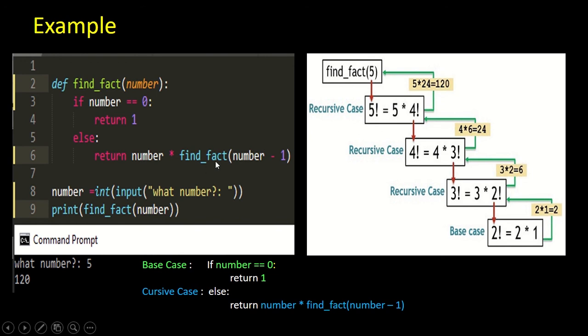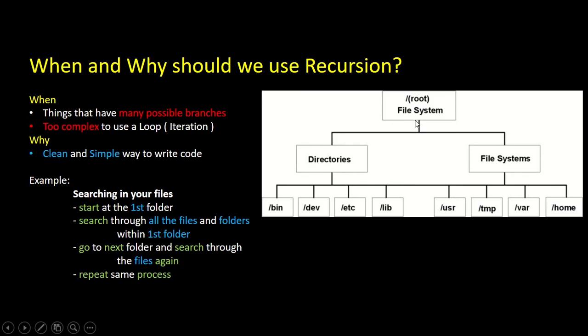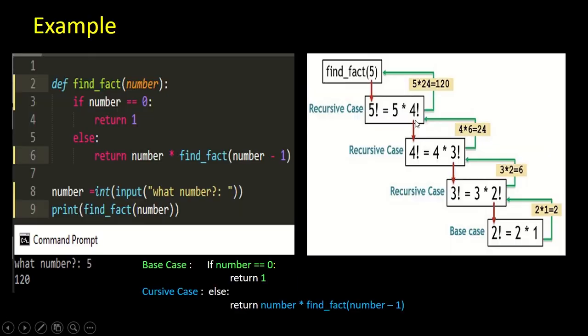But this is a function, so it runs again, 4 times 3, then 3 times the function again with the value of 2, then again with 1. So it gets a return value, then goes back to the start to give the final answer, which is 120. So the factorial of 5 is 120.